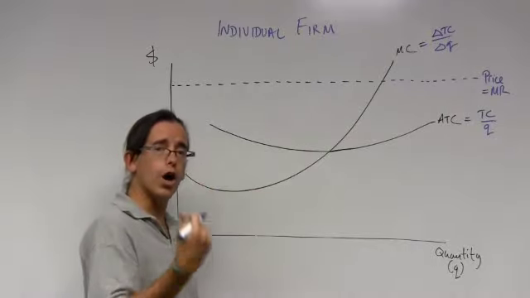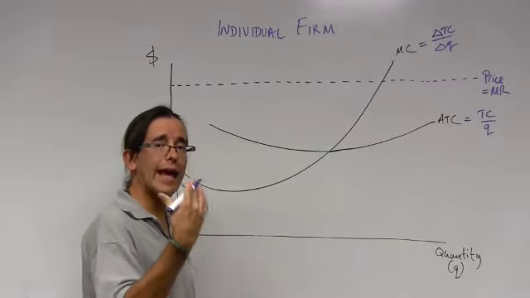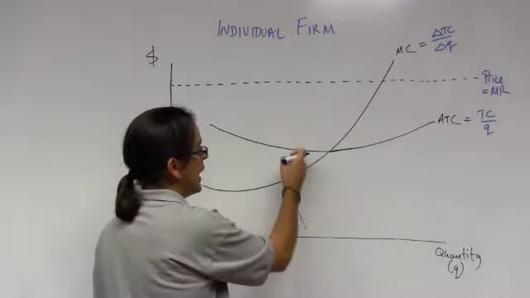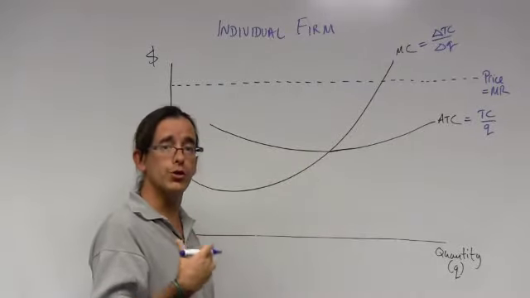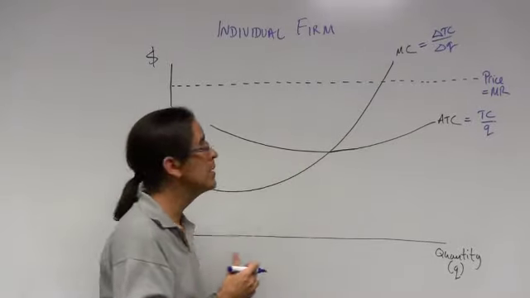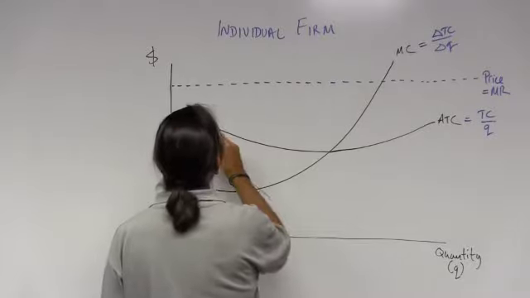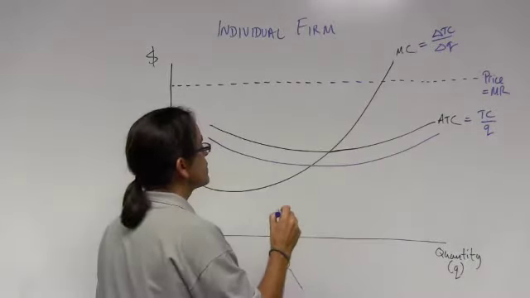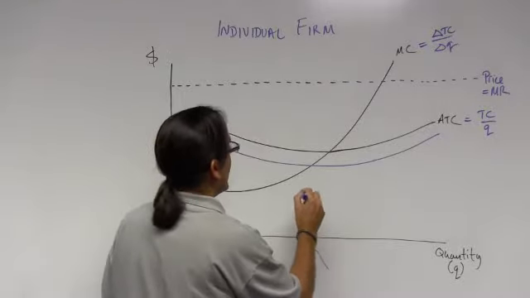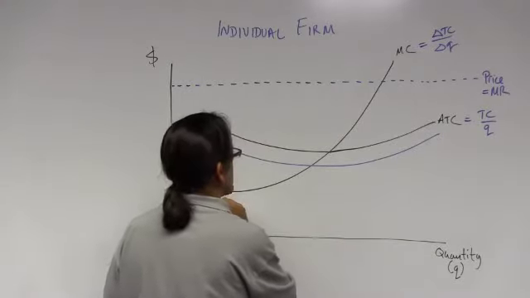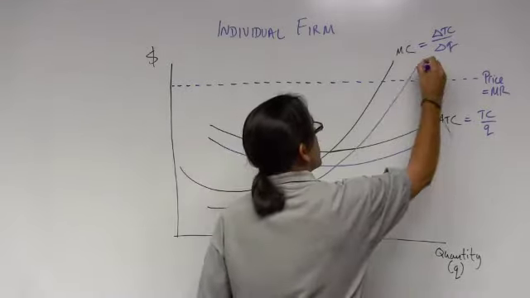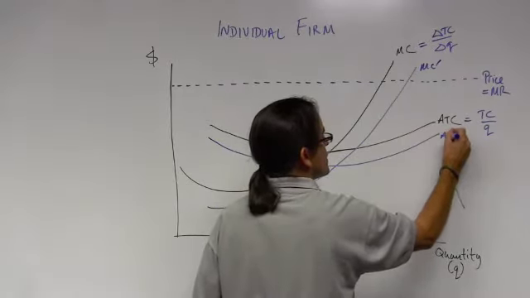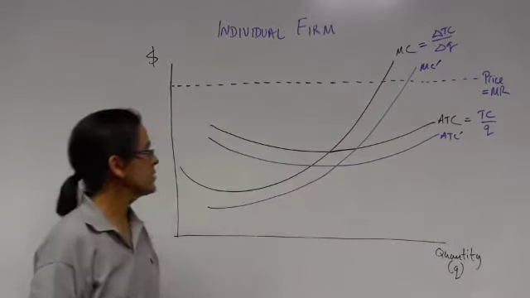Okay, so costs are coming down. So at any given level of price, we would expect our unit costs to come down. Okay? So I'll just draw the average total cost first. And so marginal cost curve, average total cost curve.